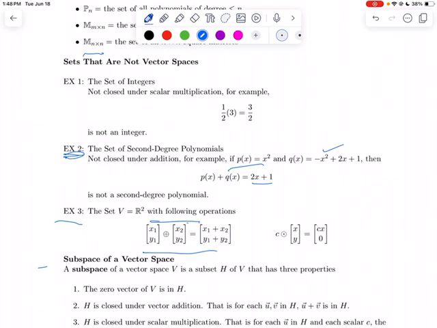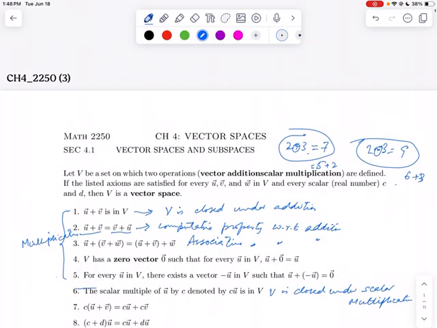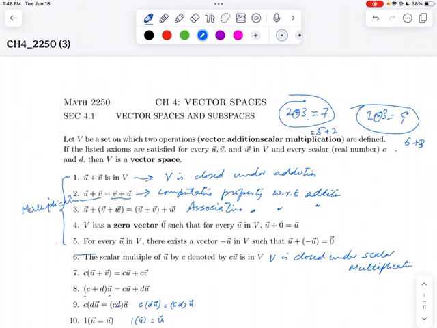So probably the first 5 axioms will be satisfied. Yeah? So we can start looking from the 5th axiom maybe. First 4 will be satisfied, definitely.